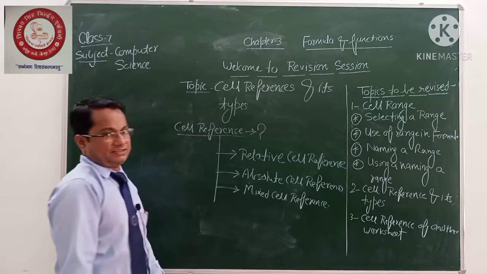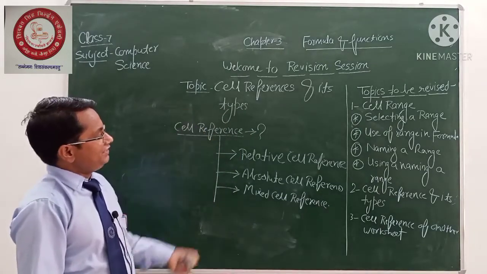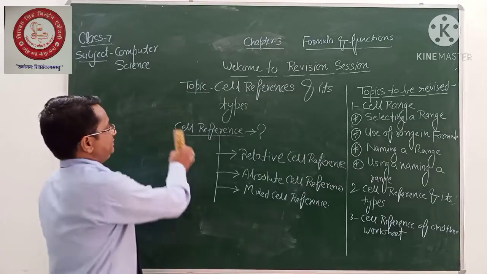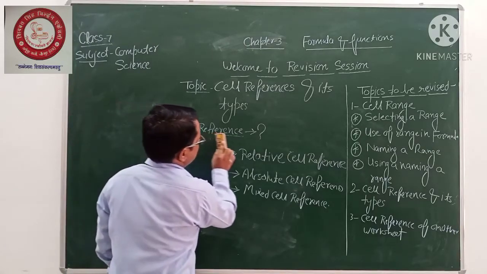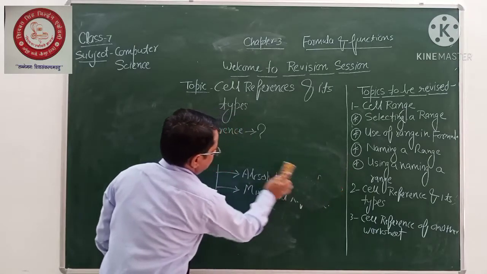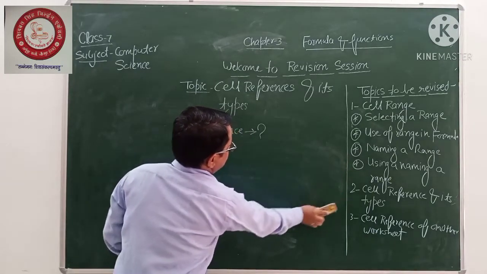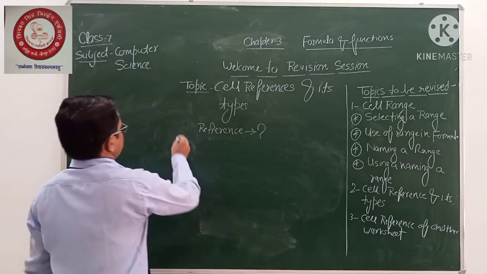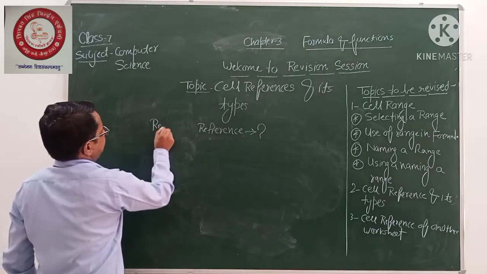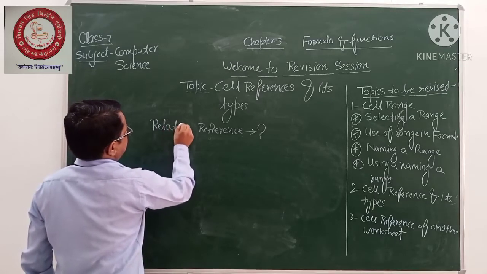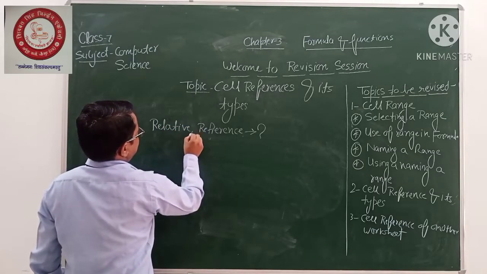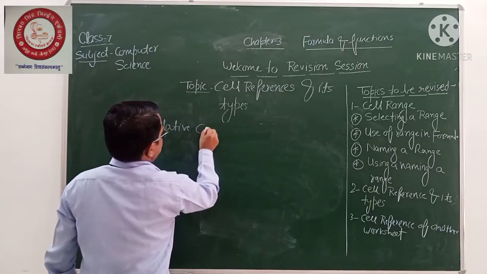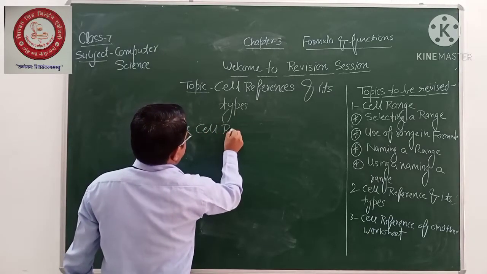So these are the three types. Let me come to the first one, relative cell reference.